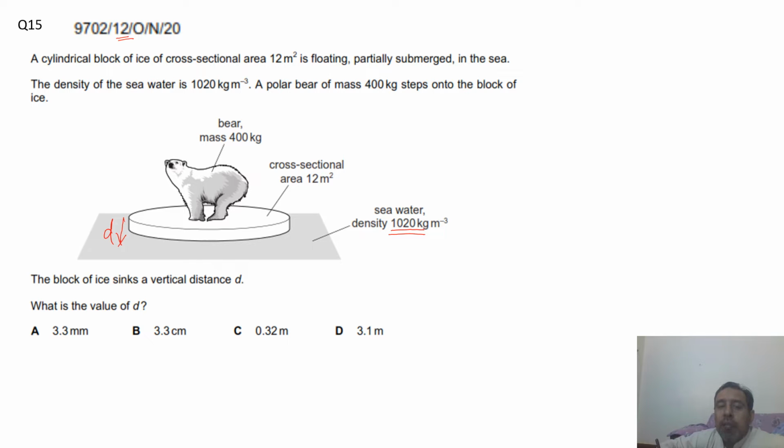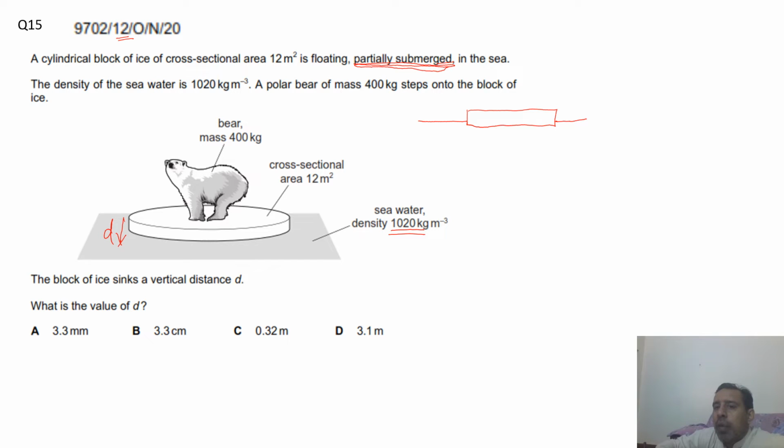But the important thing is that when it is floating, it is partially submerged before this bear, and now it has some more submerging when more mass is placed on it. Like if we have the side view of this ice, it's partially submerged like this one.